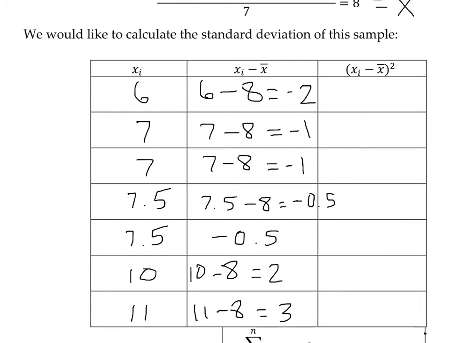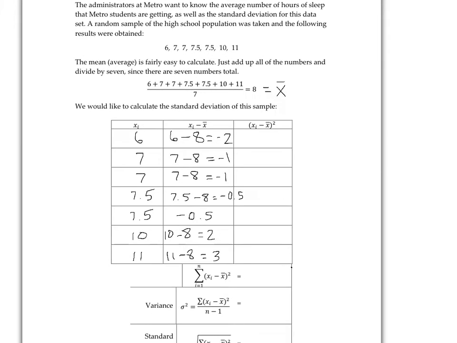Be really careful when you punch -2 squared into your calculator. If you want to know what -2 squared is, you really have to make sure you put parentheses around -2. The idea is, what is -2 times -2?